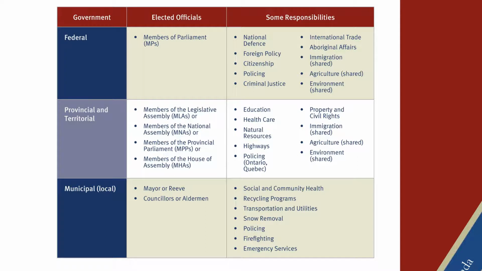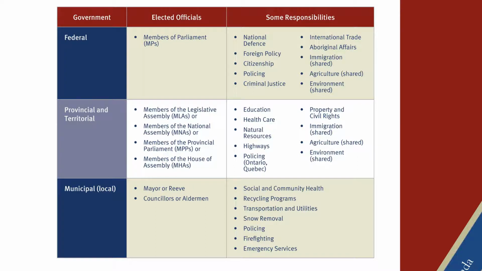Some responsibilities at this level of government include education, healthcare, natural resources, highways, policing in Ontario and Quebec, property, and civil rights.